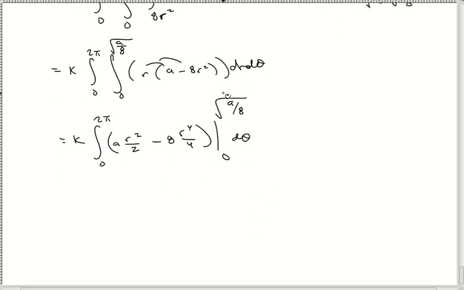The 0 will cancel everything. So when I toss this down, notice that the square and the square root will cancel. And you know that's going to be a 2 pi. Just go ahead and put 2 pi in there. So then we actually have a over 2 times a over 8.